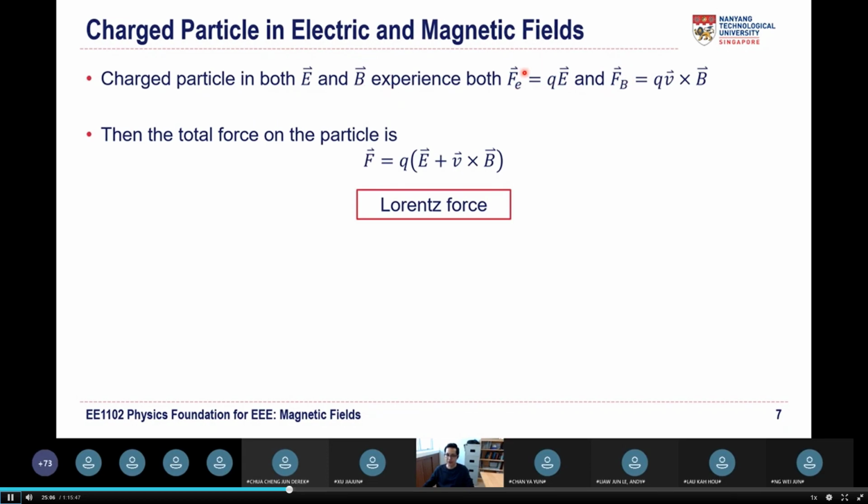And we know that the electric force is given by QE, and the magnetic force is given by QV cross B. And the total force is going to be, of course, the electric force plus the magnetic force, and it's going to be a vector sum because these are all vector quantities. So then we can get the total force using this relation, right? So this is called the Lorentz force.